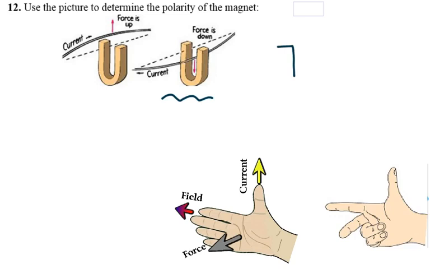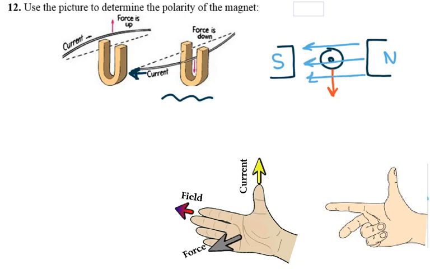And for the second picture, it's exactly the same. So again, I have two magnets. Now the current is coming toward me, because I see the current is going in this direction, and the force is acting down. So if I place my fingers pointing from north to south, then I will get the force.